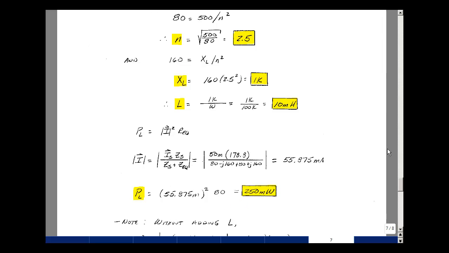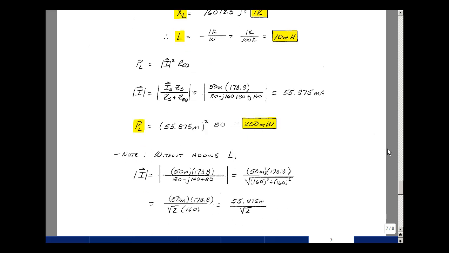I'll show you how this works. Let's take a look at not adding this inductor. The current in our previous calculation is going to be the same numerator, but now we've just got 80 minus j160 plus the 80 of the reflected impedance of the load. And so the magnitude of the denominator is going to be 80 plus 80, or 160, squared, and then a minus 160 squared, which is going to give me the square root of 2 times 160.